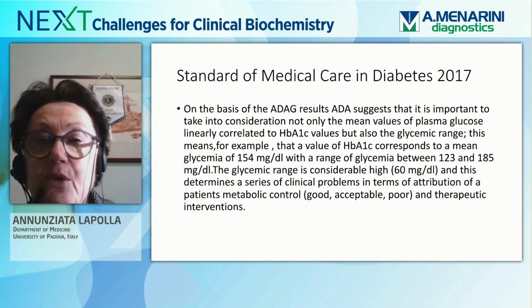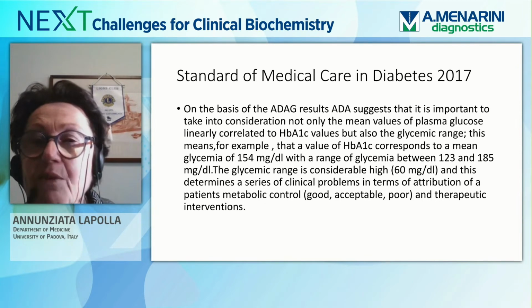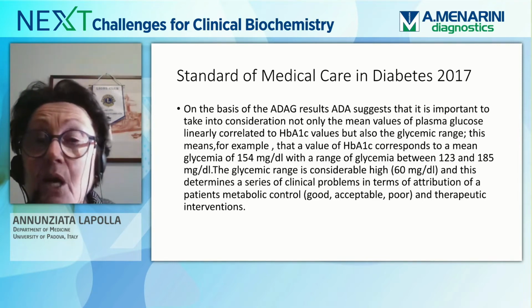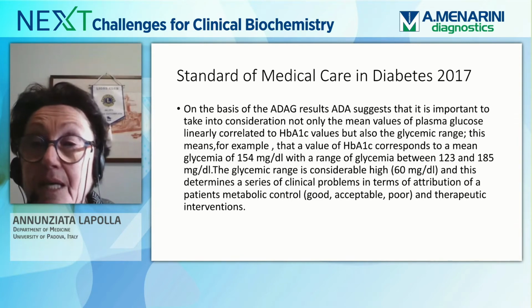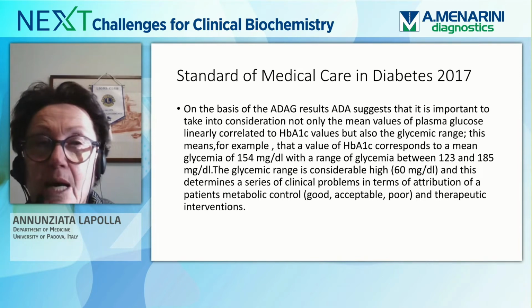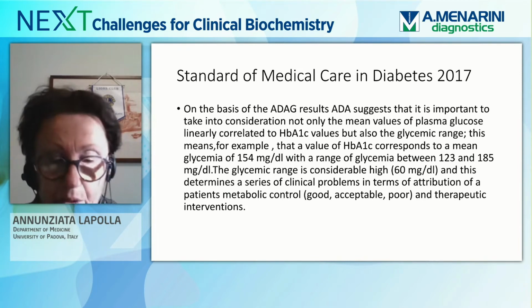This means, for example, that if I have a value of HbA1c of 7%, this corresponds to a mean glycemia of 154 mg/dL, with a range of glycemia between 123 and 185. The glycemic range is considerably high, 60 mg/dL, and this determines a series of clinical problems in terms of attribution of a patient's metabolic control, good, acceptable, poor, and therapeutic intervention.